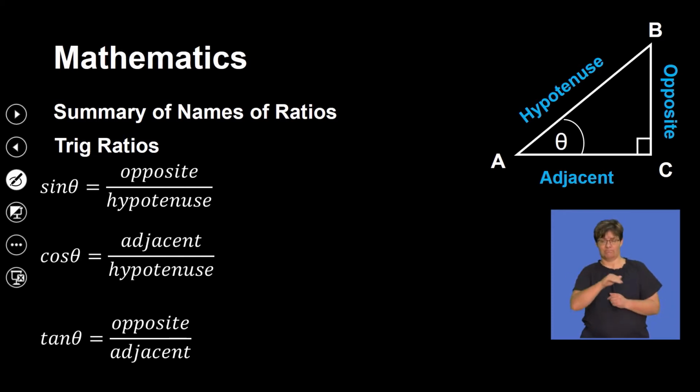I'm also going to give you a mnemonic to try and remember these definitions, because we call them definitions, by the way. Should I say to you, define sine theta, I don't want you to go to an Oxford dictionary and start talking about a sine that doesn't exist. When I say define it, I'm saying give me the ratio of sine theta.